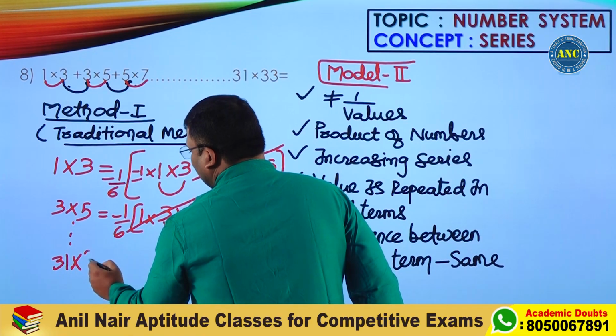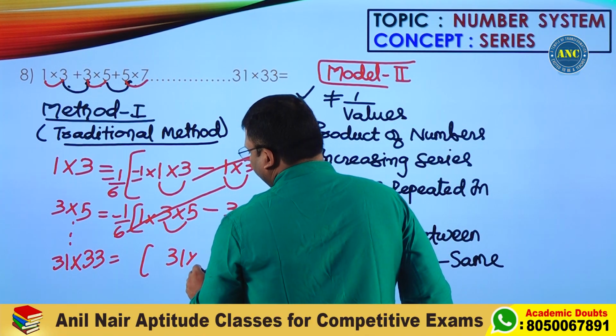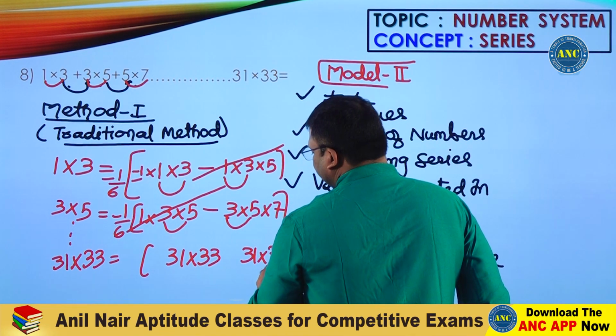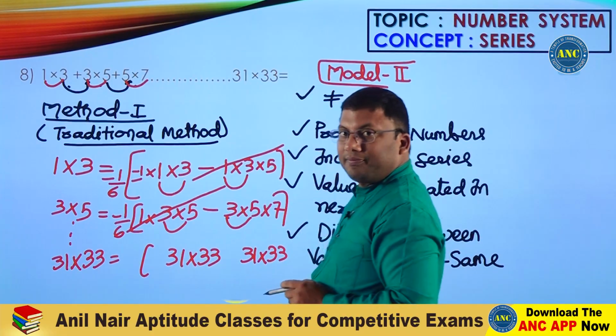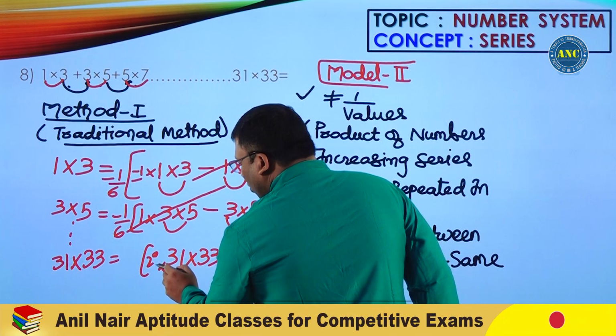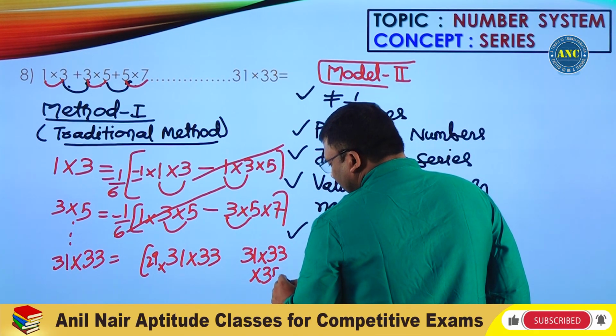31 into 33. Step 1: write down the first two and write down the last two. 31, 33, the difference is 2. Go 2 units before, go 2 units after.